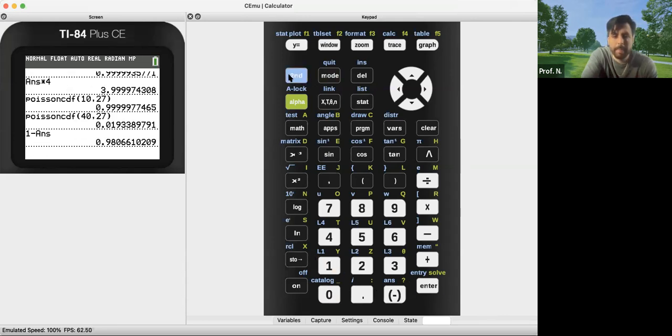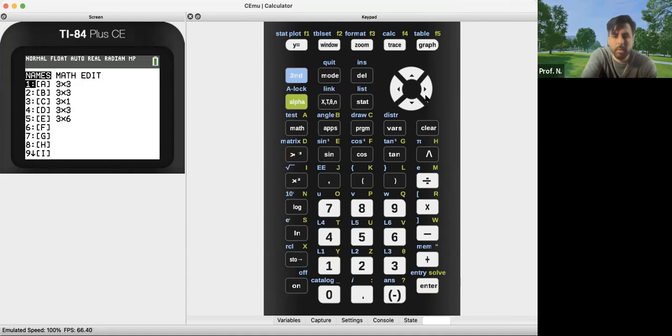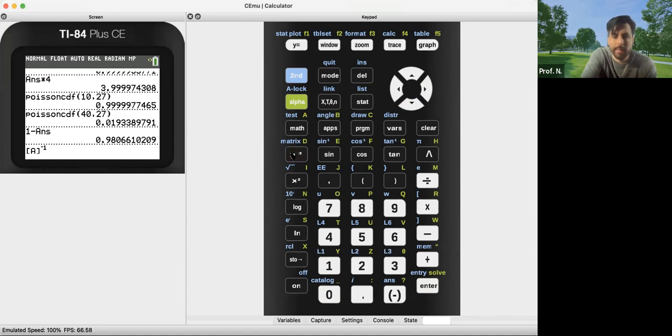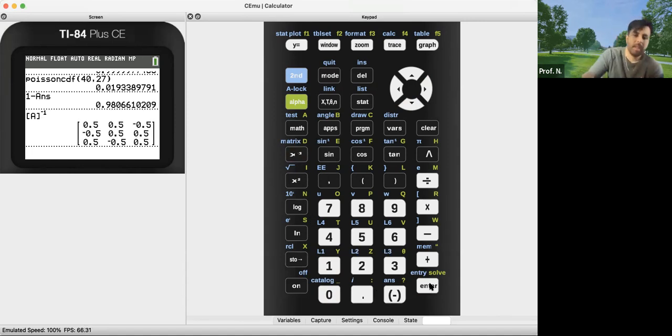Then I do A inverse. And I get 1/2, 1/2, negative a half, negative a half, 1/2, 1/2, 1/2, negative a half, 1/2.